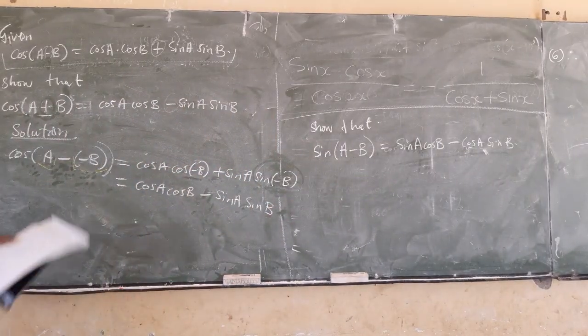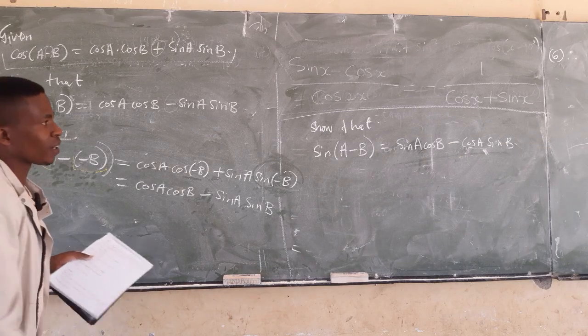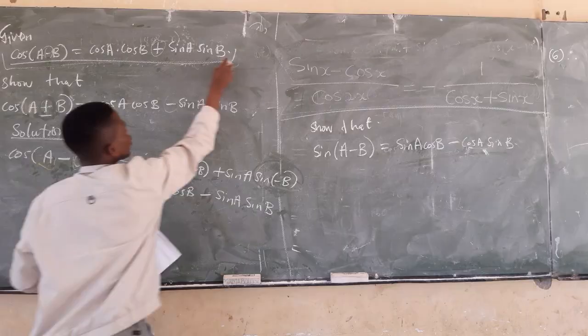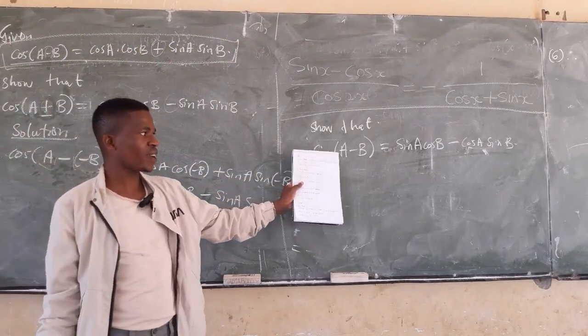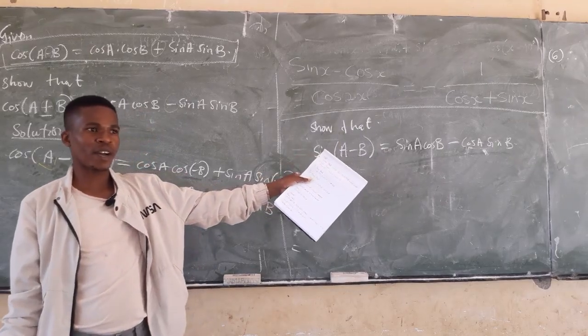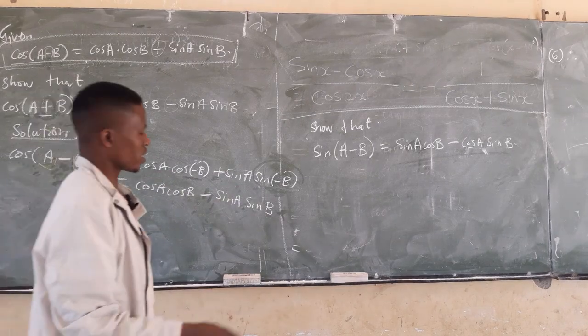I just derived that so that you can now prove it. Given this one, you must use it to prove that sine A minus B equals that other part. Is that clear? Alright, let's see if we can do it.